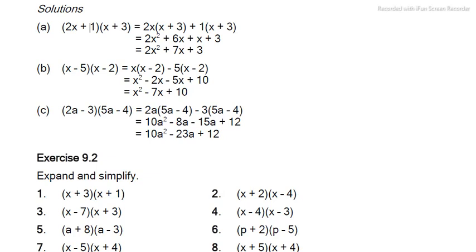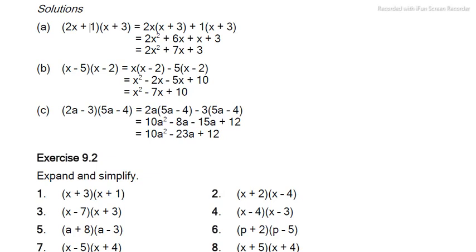The same applies to part C, where we have two brackets and we have to maintain one of them. Then we shall split the other. Still we shall maintain the second bracket and split the first one, whereby the 2a multiplies the second bracket to get 2a into 5a minus 4, and also negative 3 multiplies the second bracket to get negative 3 into 5a minus 4.